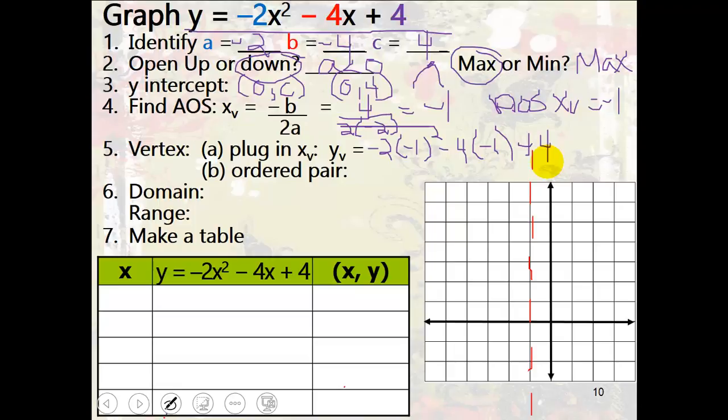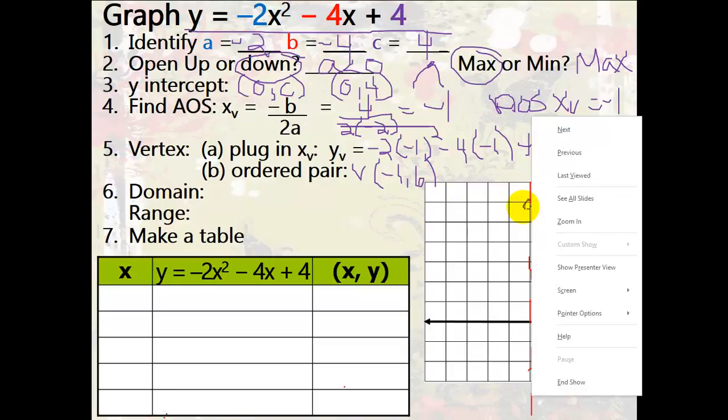Negative 1 squared is 1. 1 times negative 2 is negative 2. Negative 2 plus 4, and that gives me 6. So my vertex is negative 1, 6. So I'm way up here, and I'm opening down.